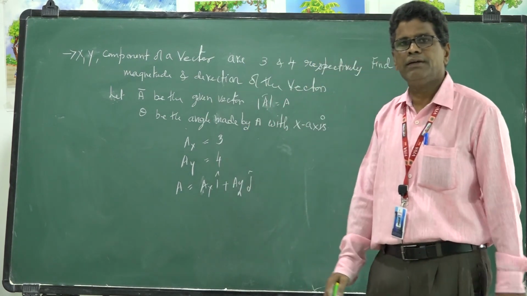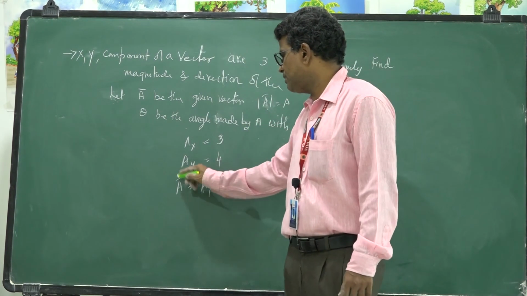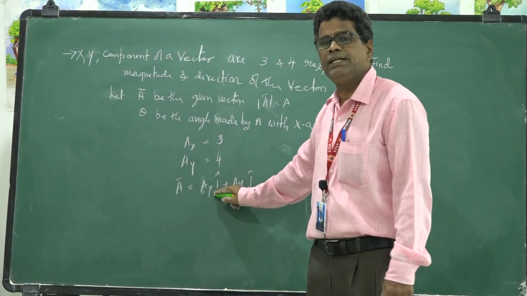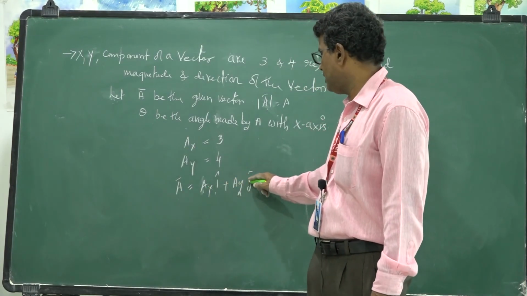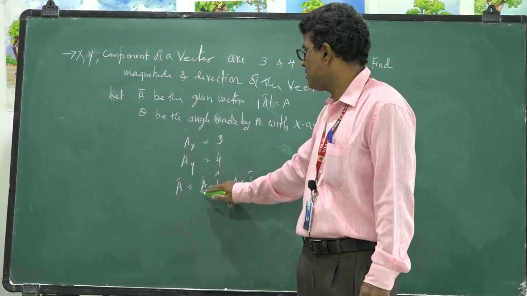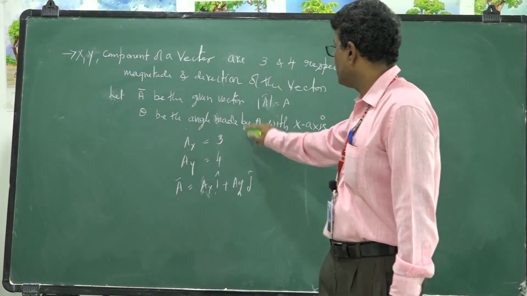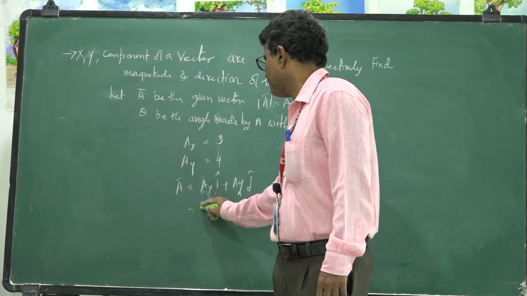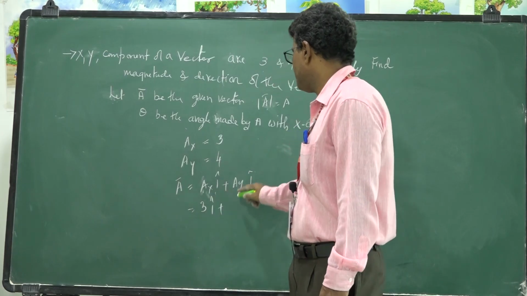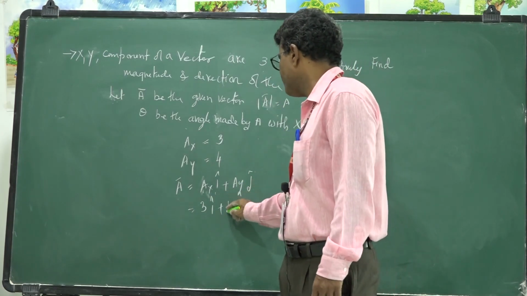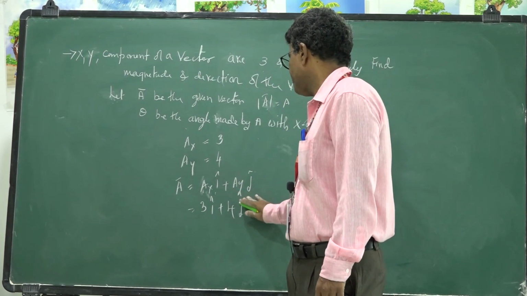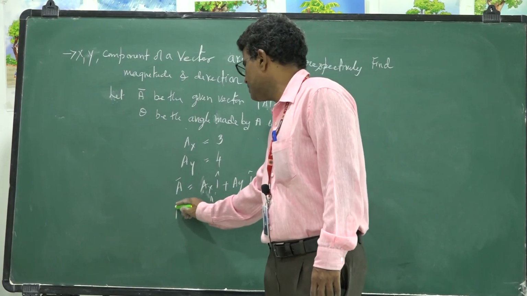Generally we can represent the vector as ax i cap plus ay j cap. What is ax here? The x component, 3. So 3 i cap. The y component is 4, so 4 j cap. So this is A bar.